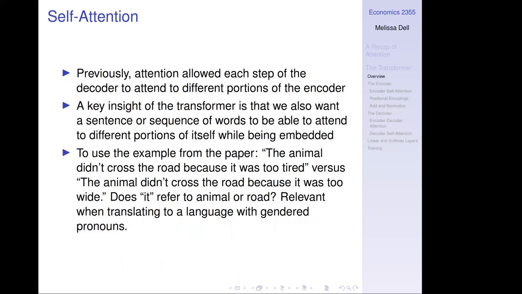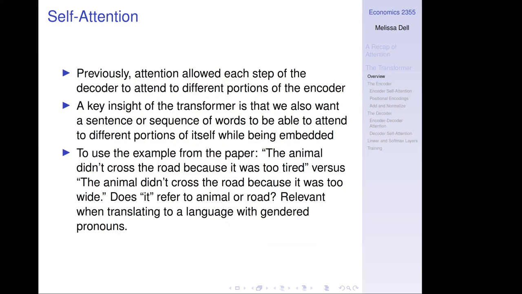And so previously, attention allowed each step of the decoder to attend to different portions of the encoder. A key insight of the transformer is that we also want a sentence or a sequence of words that we feed in to be able to attend to different portions of itself while it is being embedded.